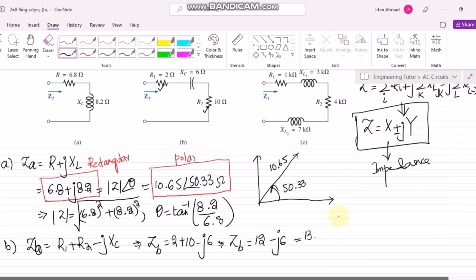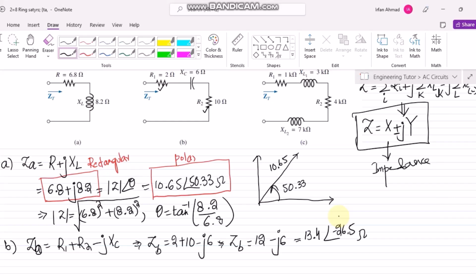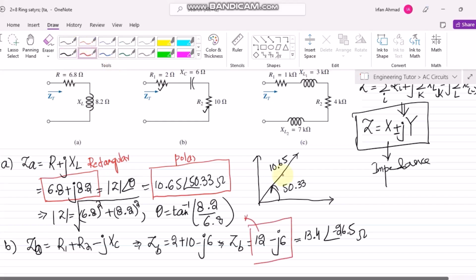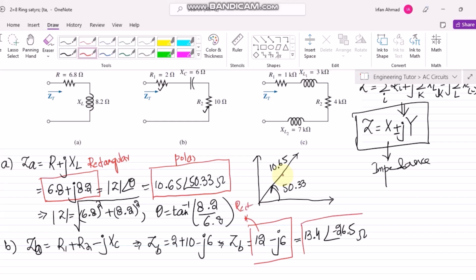So, 13.4 and angle is minus 26.5. So, that is also in ohm. So, this one is in rectangular form, while this one here is in polar form.